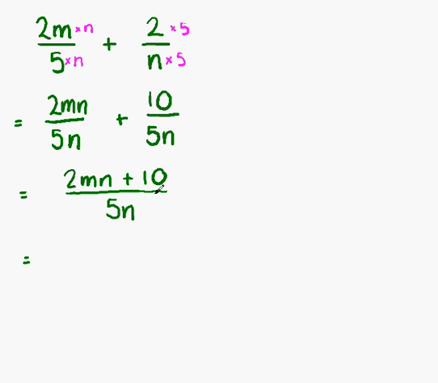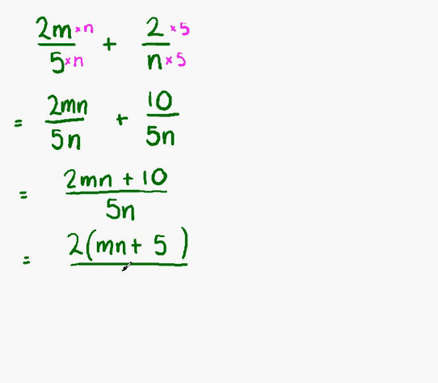Are there any common factors? 2 goes into both, so we can put that outside a bracket to factorise. So we've got 2 outside. 2 times mn gives us 2mn, and 2 times 5 gives us the 10 on the top.